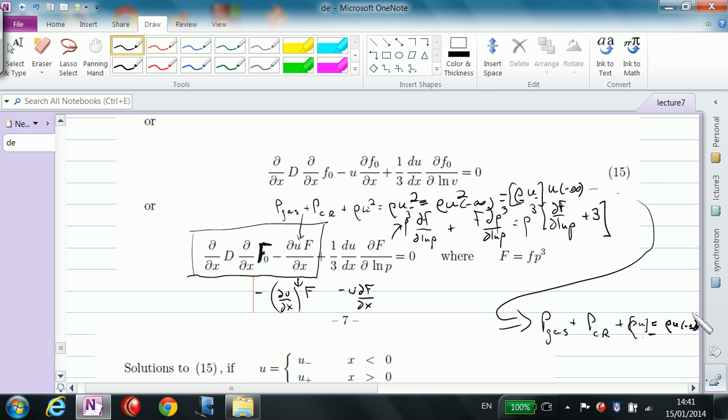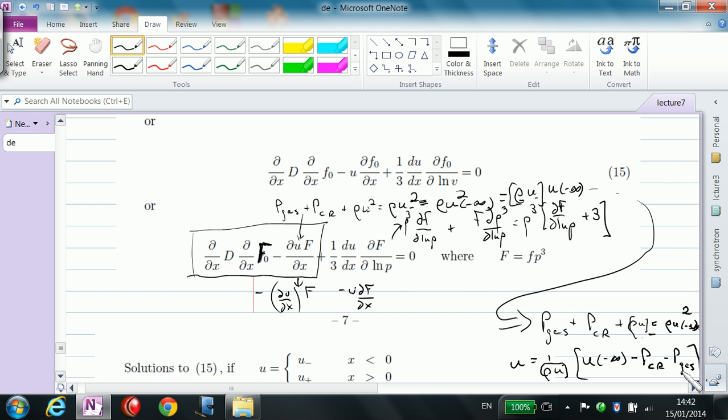Alright, let me just write it like that. So that means that u is equal to 1 over rho u times u of minus infinity minus P_cr minus P_gas.